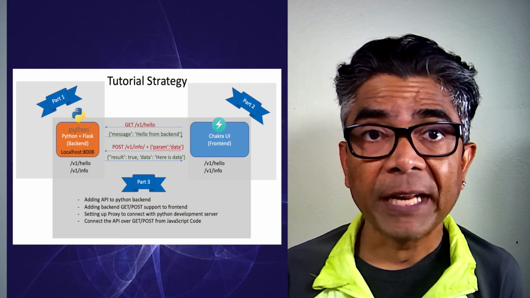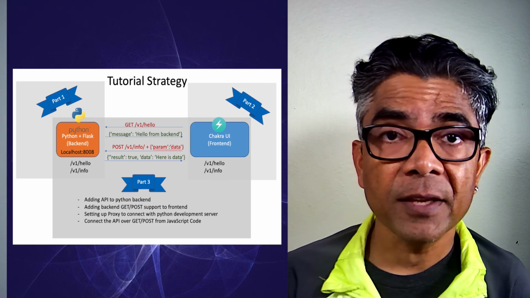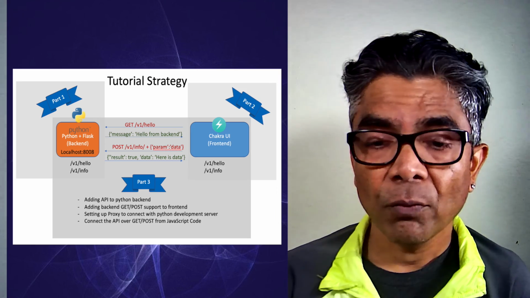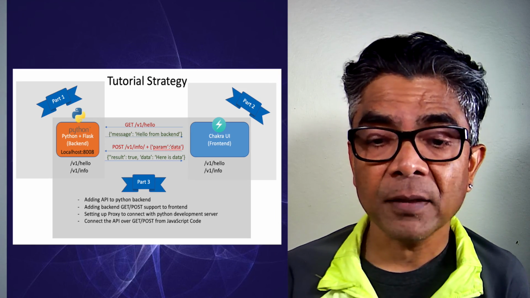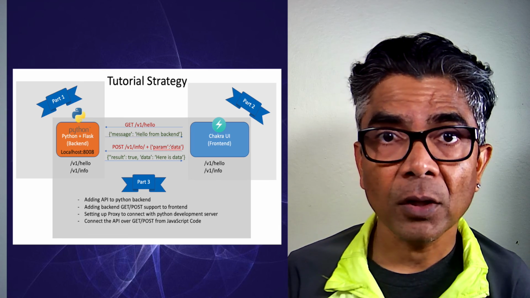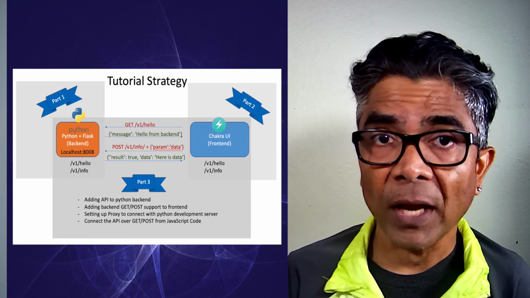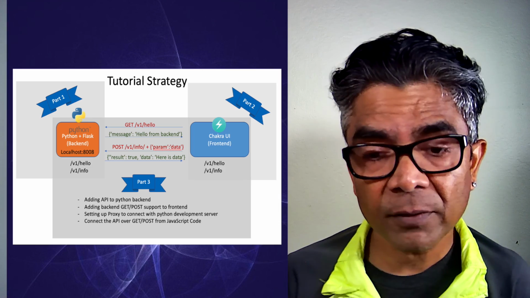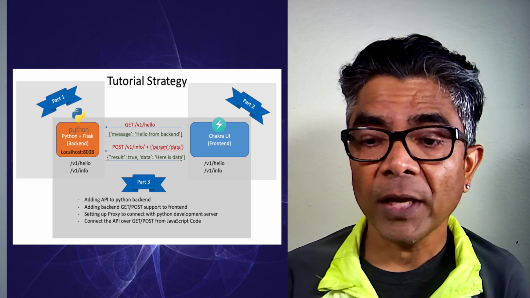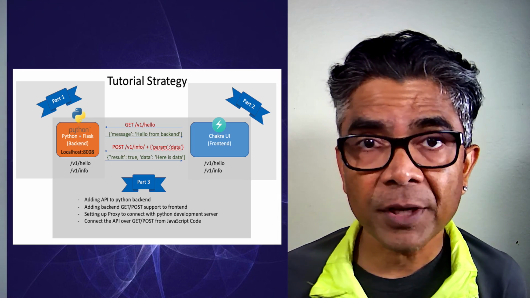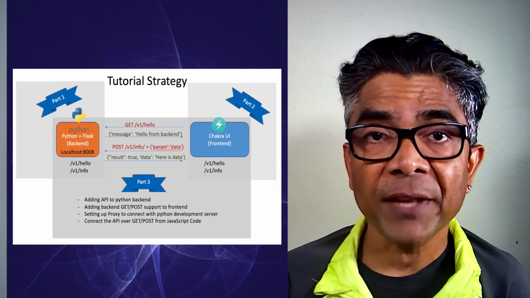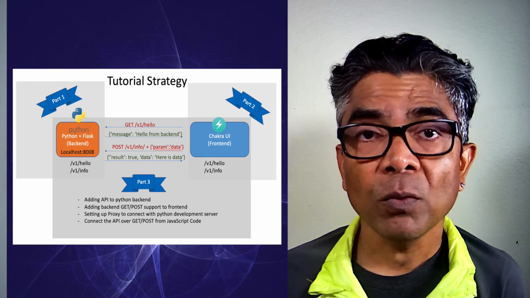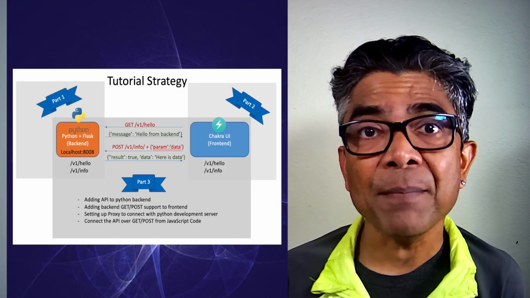So let's recap what we have learned in this overall tutorial. First, we started with our Python backend server with Flask and Flask RESTful modules. After that, we worked on the Chakra UI frontend, and we created a basic Chakra UI frontend which has routes and folders embedded into it.